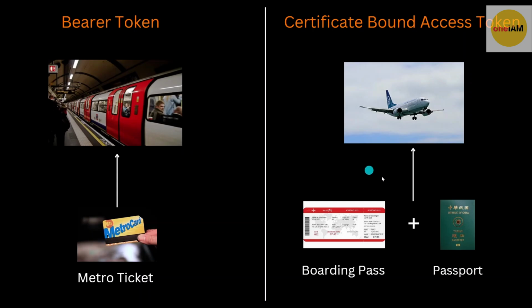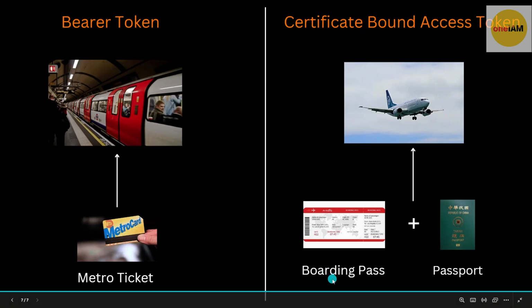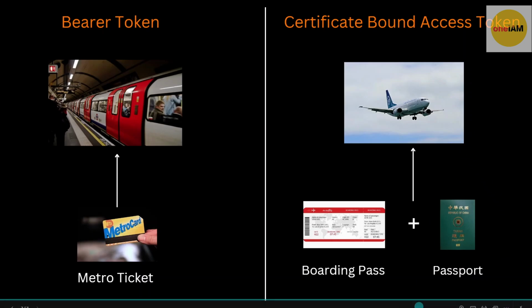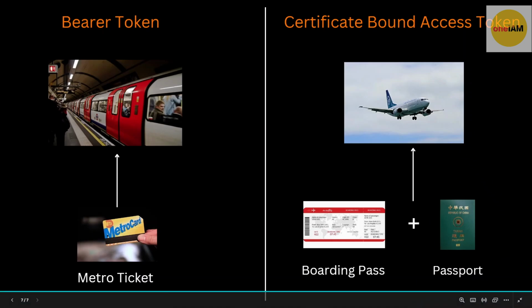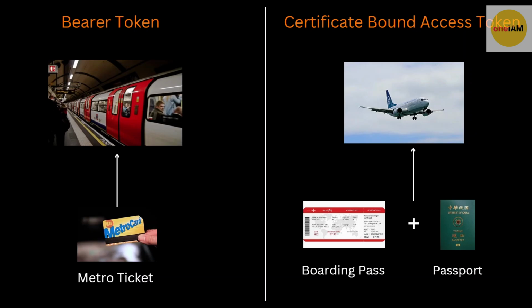But that's not the case with an airline boarding pass. Your boarding pass is bound to your passport, and you need to present both your boarding pass and your passport to board the airplane. That's kind of an analogy of how this certificate bound access token works.